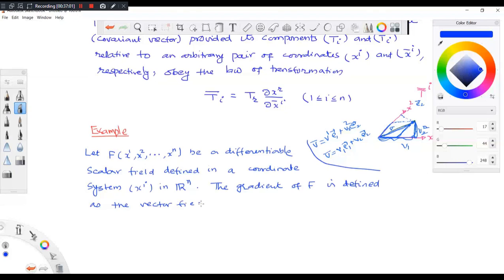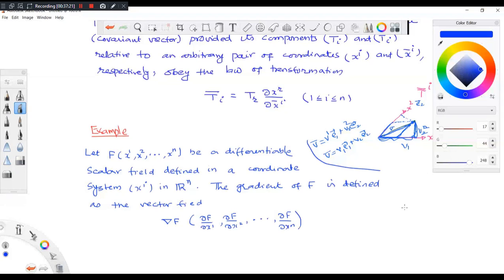It is usually denoted by del f. Gradient will be del f by del x1, del f by del x2, etc., del f by del xn.